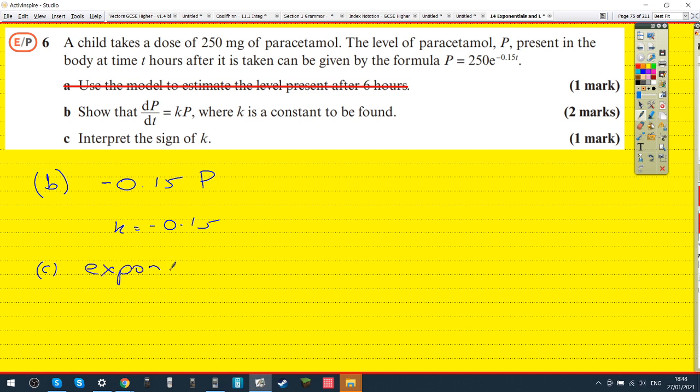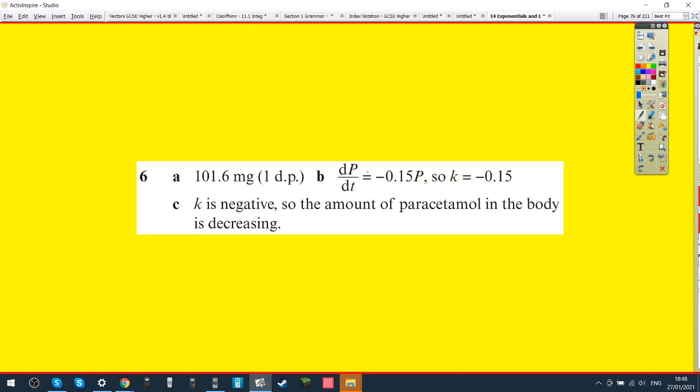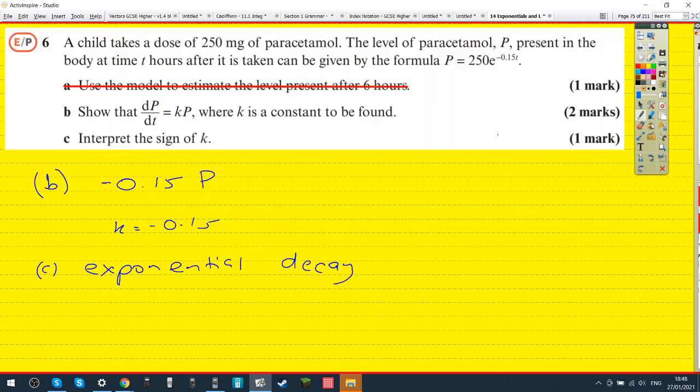Of the dose or level of paracetamol. You can just say exponential decay or exponential decrease. Okay. What if it was plus? What if it was positive? Exponential growth. Yes. Exponential growth, exponential increase. K is negative, so the amount of paracetamol in the body is decreasing. Yeah, there you go. K is minus 0.15.